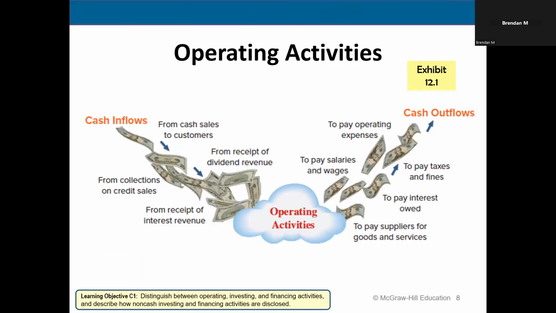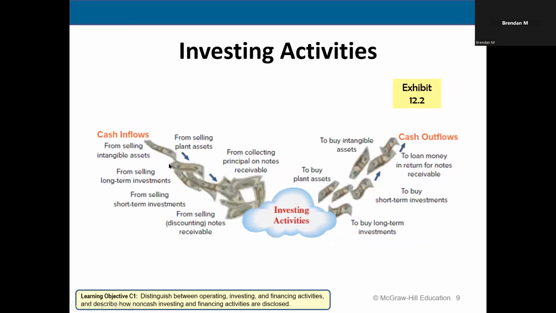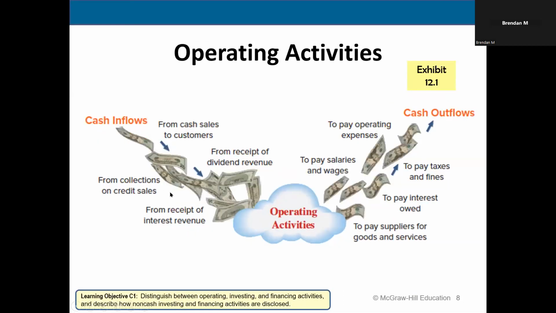Operating activities, cash inflows. It comes from customers. Collect on credit sales, receipt of interest revenue, dividend revenue, cash inflows that are operating. What are operating outflows?